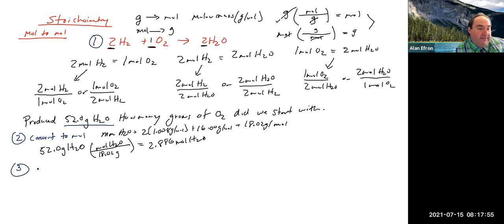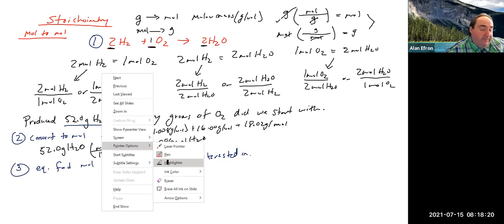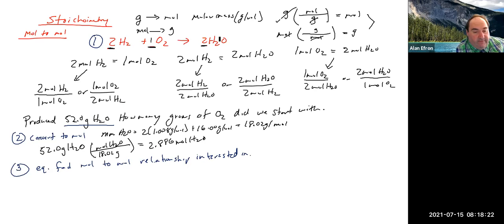And the purpose of that is because we're now going to do really the stoichiometry part, which means we need to go to the equation and find the mole to mole relationship that we're interested in. So where we are, and what we were given in this particular problem, is information about water, but we're definitely not interested in water.